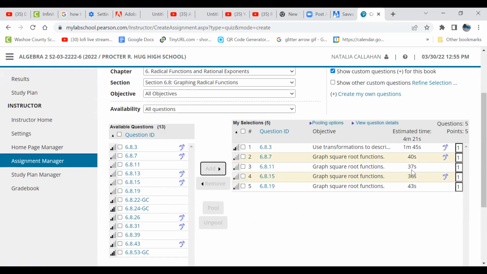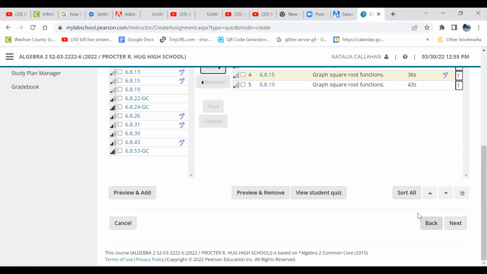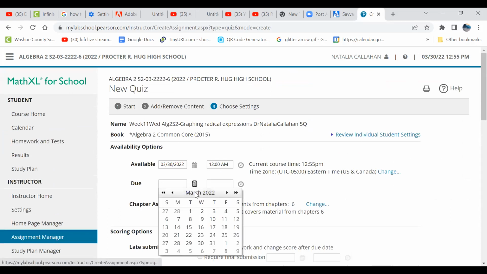It's not going to take you that long because on average, it's going to take you about like 1 minute for each question or less. Okay, except for the first question, but it's not going to take you guys that long. So it's just 5 questions. It is going to be due. I'm going to go ahead and have you guys complete it today, but I would prefer if you guys just turn it in today before you guys leave so that we can update your grade. So today is the 30th.